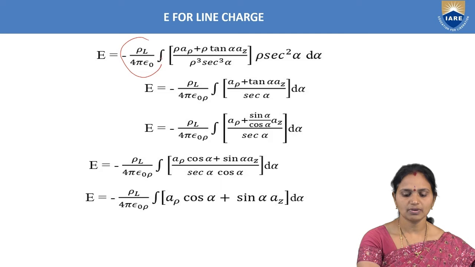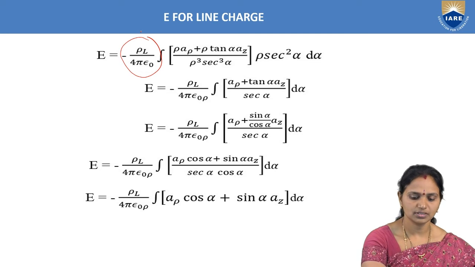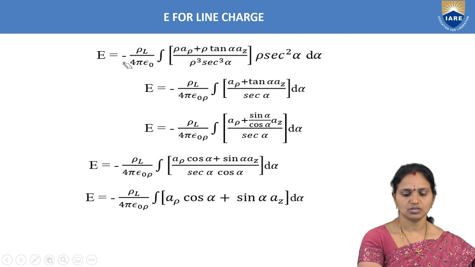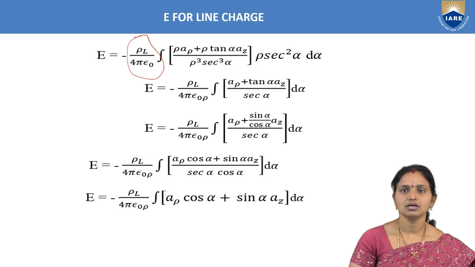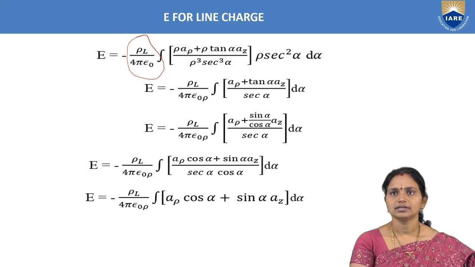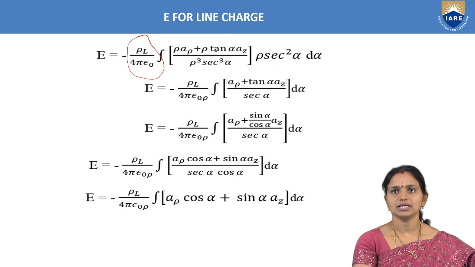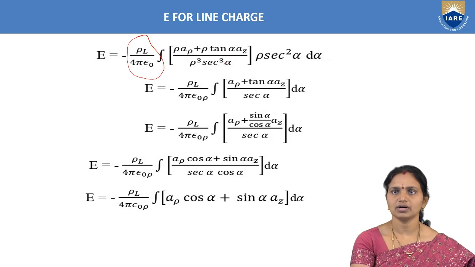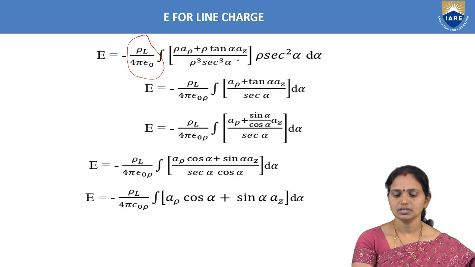By replacing all of them, the final equation we have is E equal to minus rho L by 4 pi epsilon naught, which is a common term we can take outside, integral of rho a rho plus, in place of z minus z dash, rho tan alpha into az. This component is along the z direction.